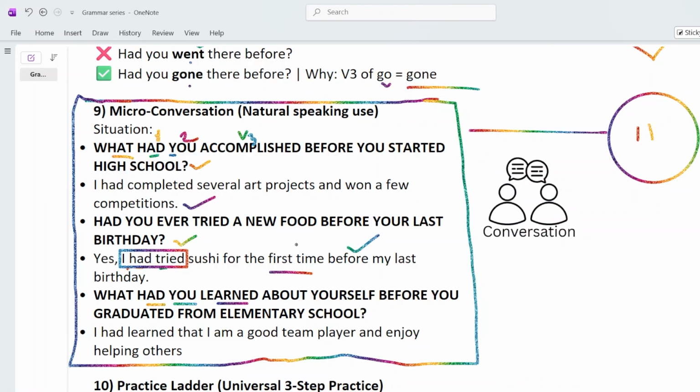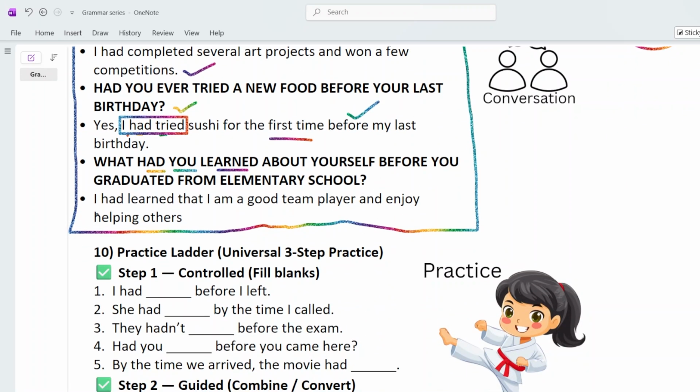So all the questions are also in the past perfect tense, and your answers as well are in the same particular tense. Great. So, what had you learned about yourself before you graduated from elementary school? The answer would be like this: I had learned that I am a good team player and enjoy helping others.